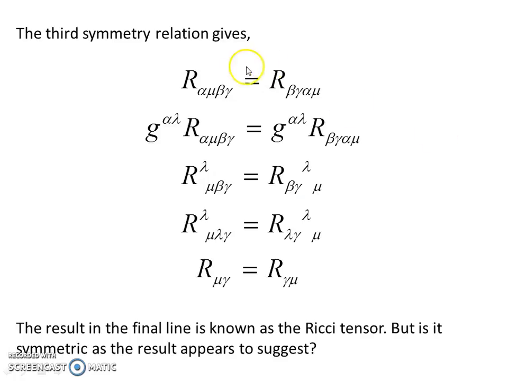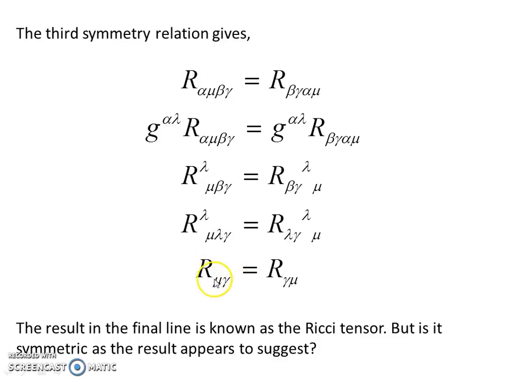The third symmetry relation up here, again multiply through by the inverse metric to raise the first index, the alpha index. And what happens when we contract on the first and third indices is that we end up producing a new tensor.